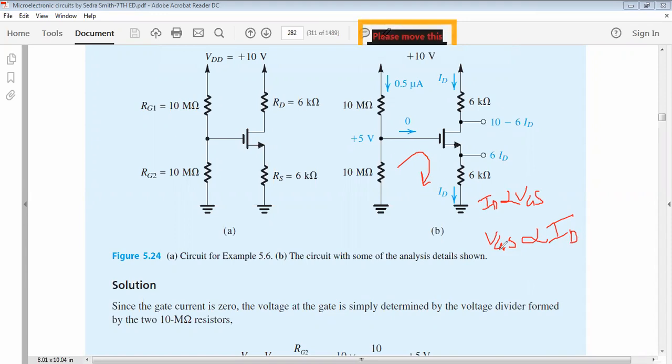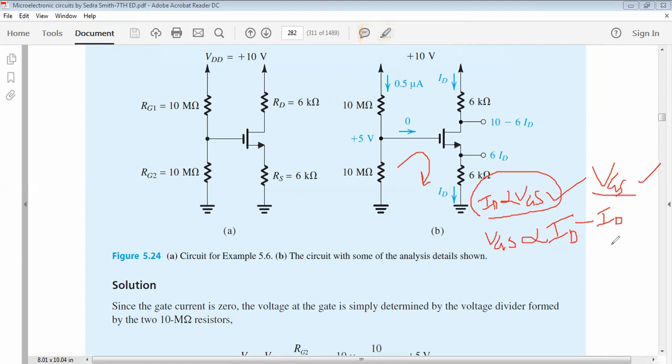In this problem, we solved VGS in terms of ID, so that we calculated the ID. In the first case, ID is in terms of VGS, so VGS is the variable. In the other case, ID is the variable. It is a quadratic equation in terms of VGS in one case, and in terms of ID in the other.